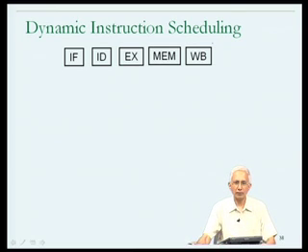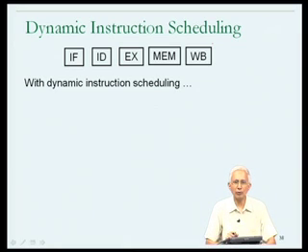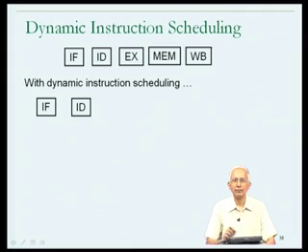Now, let's talk a little bit about how things could change with dynamic instruction scheduling. If there is dynamic instruction scheduling, there will still be a need to fetch and decode the instruction. Hence, we suspect that there would still be an instruction fetch stage in the pipeline of the dynamic instruction scheduling processor, and there would still be the need for an instruction decode stage to decode the instruction.